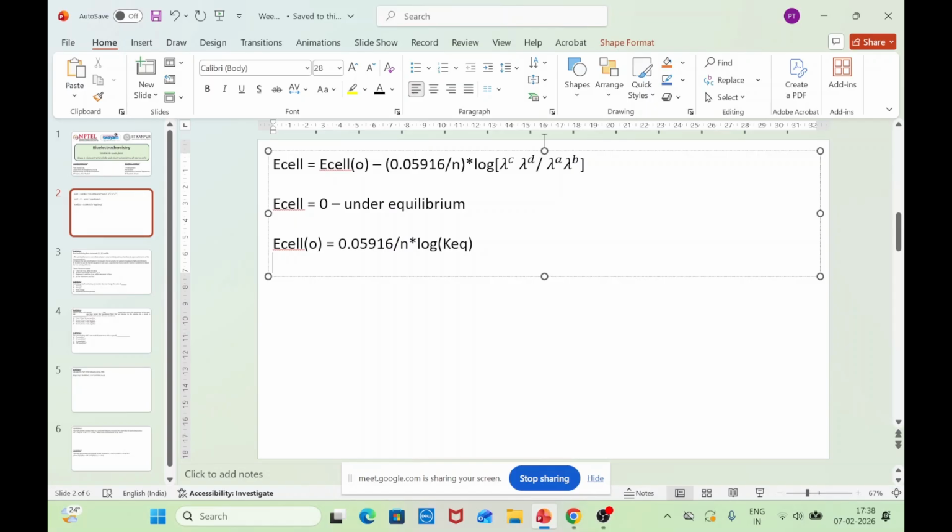So anyone with any questions so far on how to relate the E naught of the cell to the equilibrium constant for a chemical reaction? Anyone?